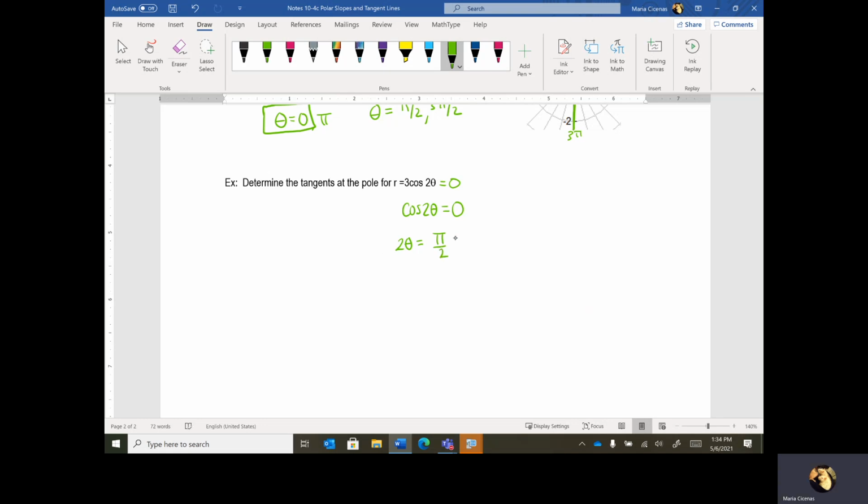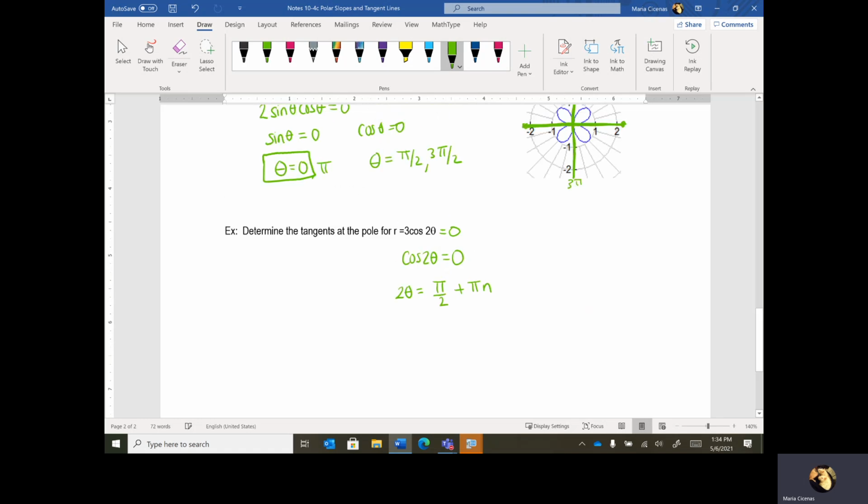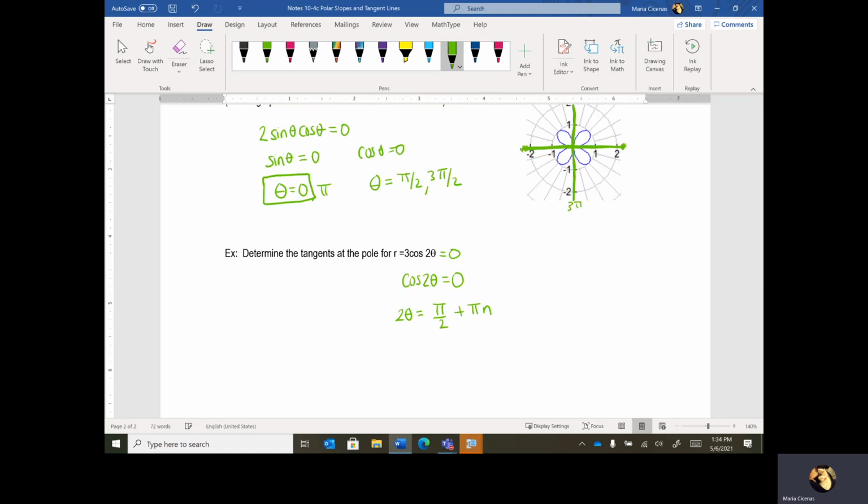And because I have to cut all these in half, think of it as plus pi n, since it will be happening every 180 degrees. Then we're dividing everything by 2. So it'll happen at pi over 4 plus pi over 2 n.